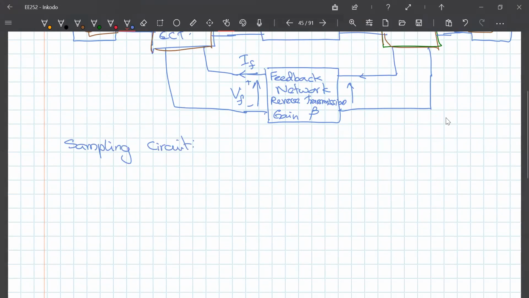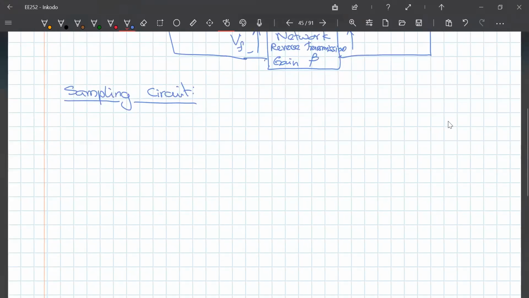Now, the purpose of the sampling circuit is to get a sample of the output. So basically, what we want is an output. If the output is a current, you need a current output. If your output is a voltage, we need a voltage output. Right. So, let's assume my output is a voltage. Okay. So, voltage sampling.